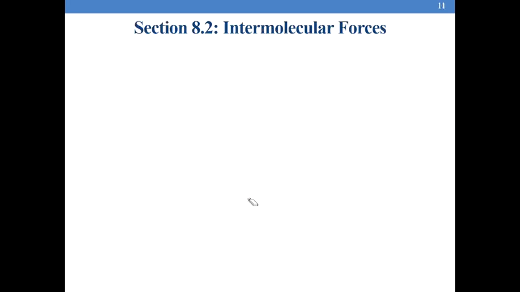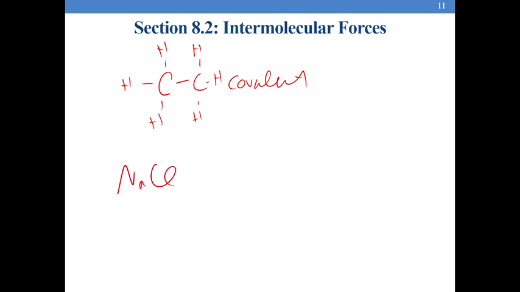We've been looking at covalent bonds, ionic bonds. That would be a carbon-to-carbon covalent bond. Okay, and then maybe you've got like hydrogens to satisfy the octet. Okay, so that's not intermolecular forces. Or maybe a sodium chloride with an ionic bond. That's not intermolecular forces.